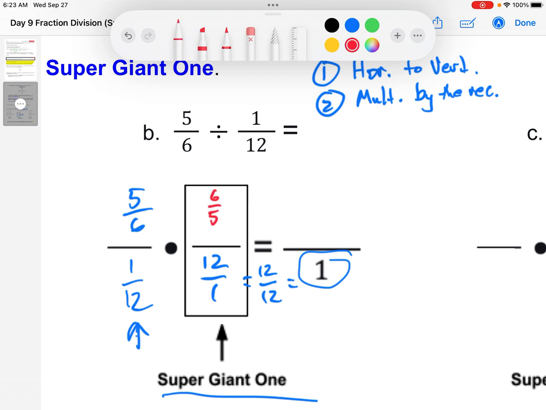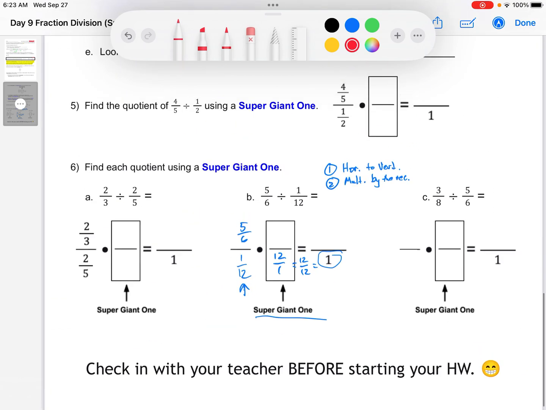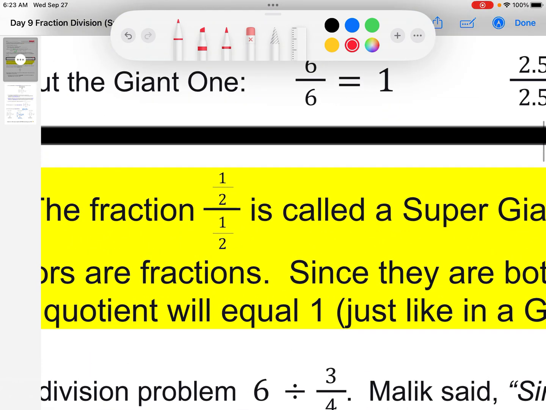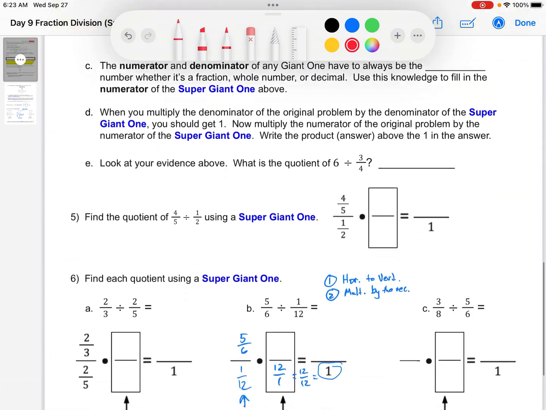They put in the reciprocal of 5/6, and that's not okay. We need to make that a supergiant 1. 6/5 over 12 over 1 is not a giant 1, right? If we go back to what we remember about giant 1s up here, whatever is on top is also what's on the bottom.